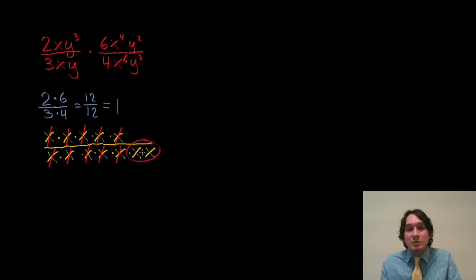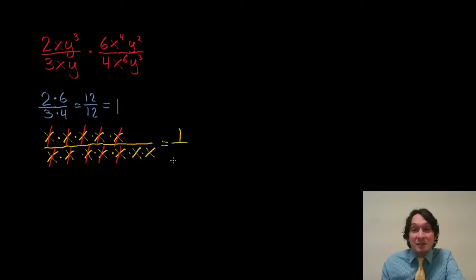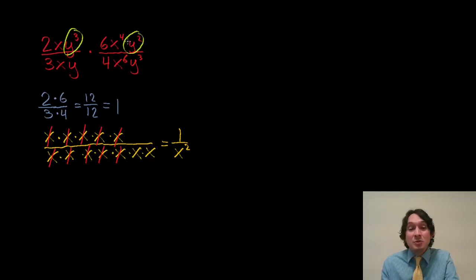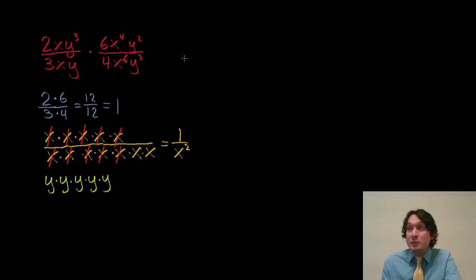I'm left with 2 dividing factors, and so this is going to simplify to 1 over x squared, because there's 2 x's. And then finally, that leaves us with the y's. I have 3 on the numerator and 2 more on the numerator. So there's 5 y's altogether. 3 and 2 make 5 after all.